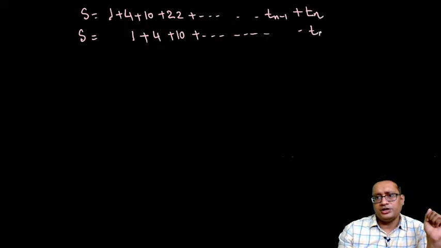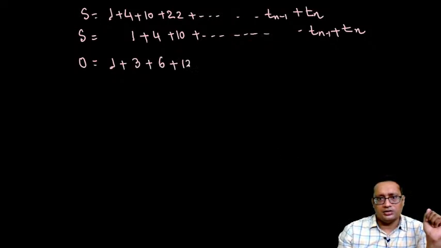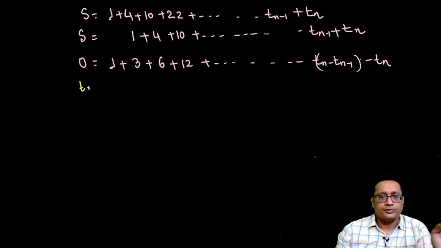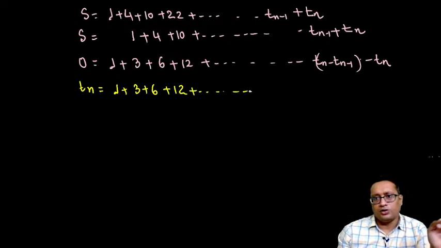Here comes Tn minus 1 plus Tn. Subtract it, it becomes 0. And see here, 1 plus 3 plus 6 plus 12, dotted, dotted. Comes here, Tn minus Tn minus 1 minus Tn. So Tn goes to the left, and here becomes 1 plus 3 plus 6 plus 12, dotted, dotted, Tn minus 1.